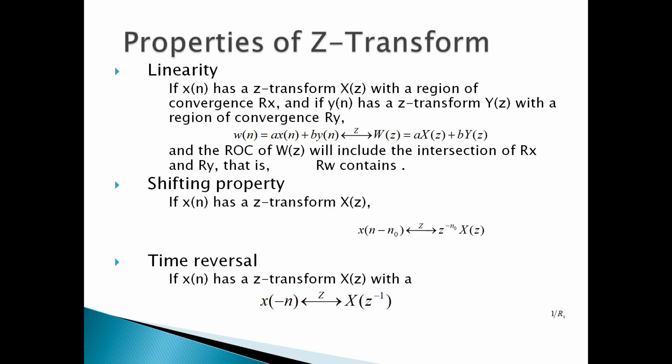It says if x[n] has a Z transform of X(z), then x of minus n will be having a Z transform of X of z inverse. Similarly, we can discuss in the coming sections, if u[n] is having a Z transform of 1 upon 1 minus z inverse, then u of minus n will be having a Z transform of 1 upon 1 minus z.